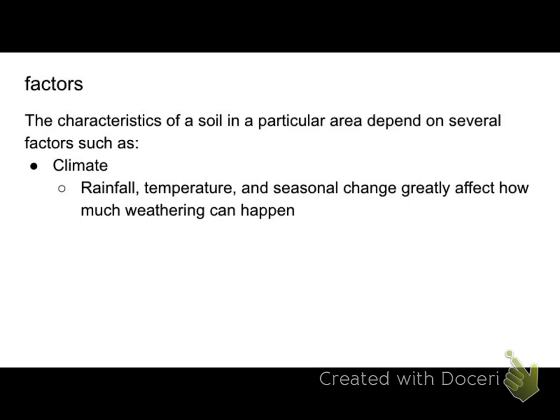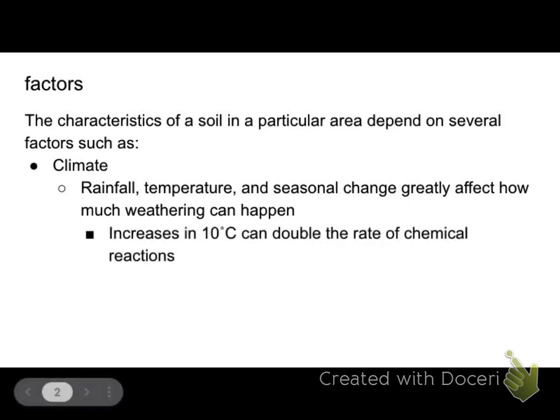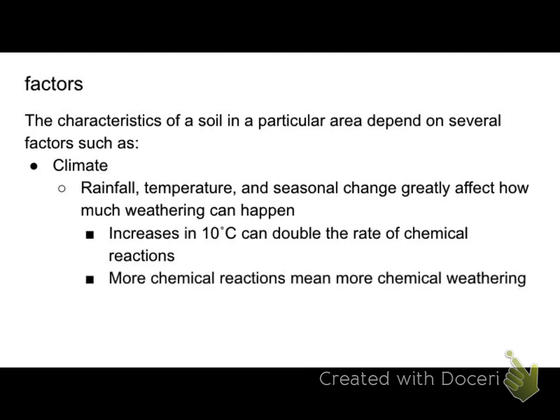So temperature matters a lot. In fact, it matters so much that an increase in just 10 degrees Celsius can actually double the rate of chemical reactions that take place, which means you'll have more chemical weathering happening. And the more weathering that happens, the thicker and more developed of a soil you will have.